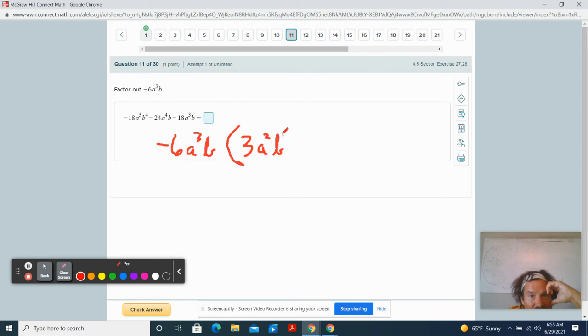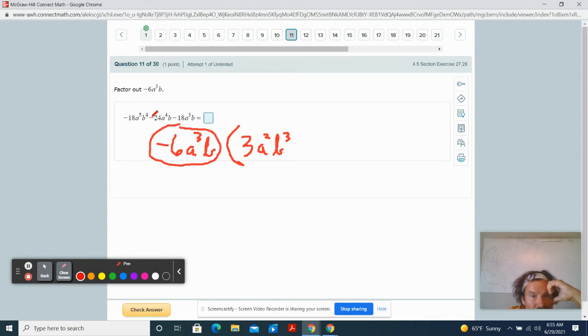So if I have a b here, I need to have b to the third. That's your first term. You've got to be careful with the exponents. Remember, yesterday we talked about adding exponents. So 3 plus 2 is 5, and 3 plus 1 is 4. And notice the sign changed. The negative 18 becomes a positive 3 because I divided by negative 6. Whatever number's out here, that's what we divide by.